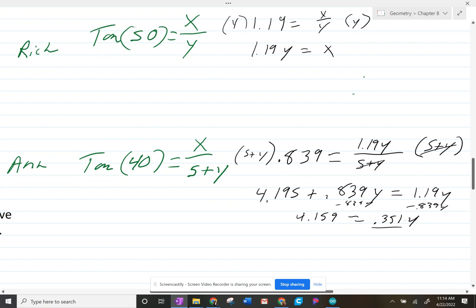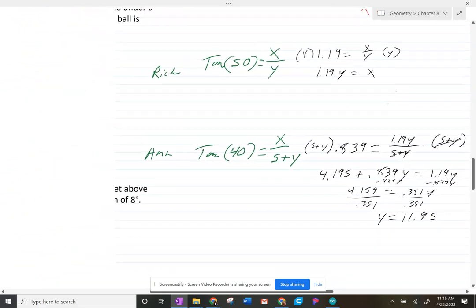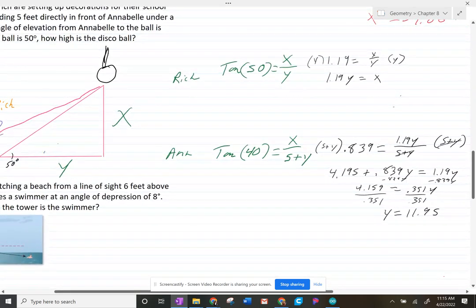Now I'm just going to get this y by itself, so divide both sides by 0.351. My y value equals 11.95. So if I were to plug that back in, this one right here is 11.95.